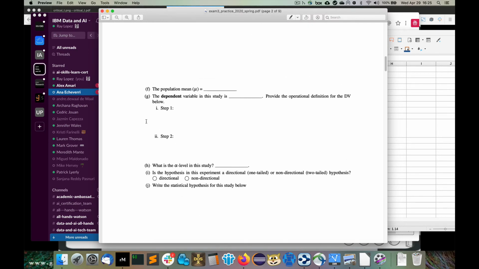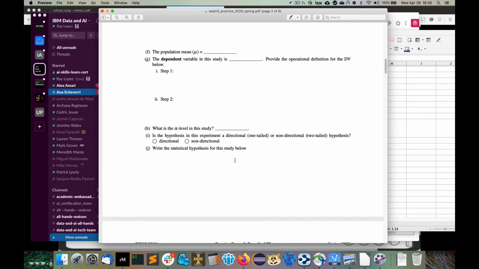You write that here, average facial attractiveness score. Range is from 1 to 10. Okay. Step 2 is where you tell me what that range means. You could say 1 to 3 is low facial attractiveness, 4 to 6 is moderate facial attractiveness, and 7 or greater is high facial attractiveness. Okay, something like that.